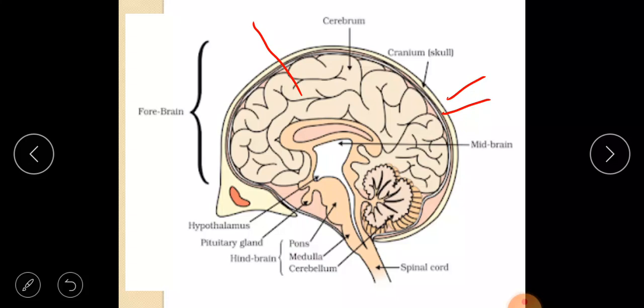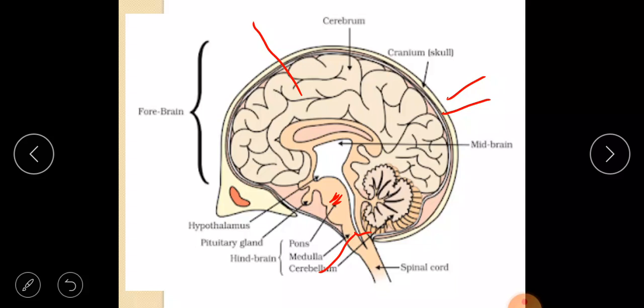The pituitary gland is the master gland of the body, especially a part of your endocrine system. Then comes this portion, which is known as the pons normally, and this portion is the medulla oblongata.